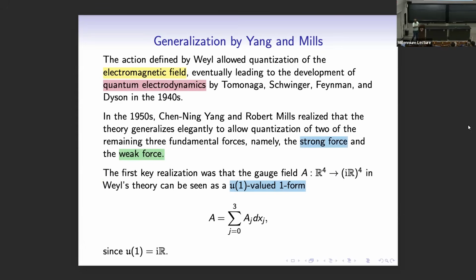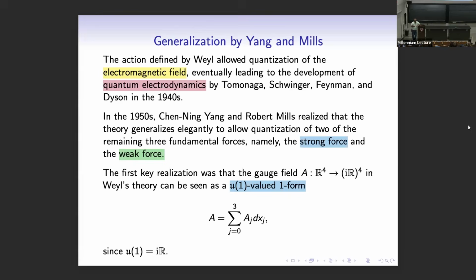The physicists would say it's the real line, but in math we say it's the imaginary axis. In differential geometry notation, you write A as the sum of aj dxj. If you're not comfortable with differential geometry notation, you can ignore this. But if you are, it's a u(1)-valued 1-form on R4.